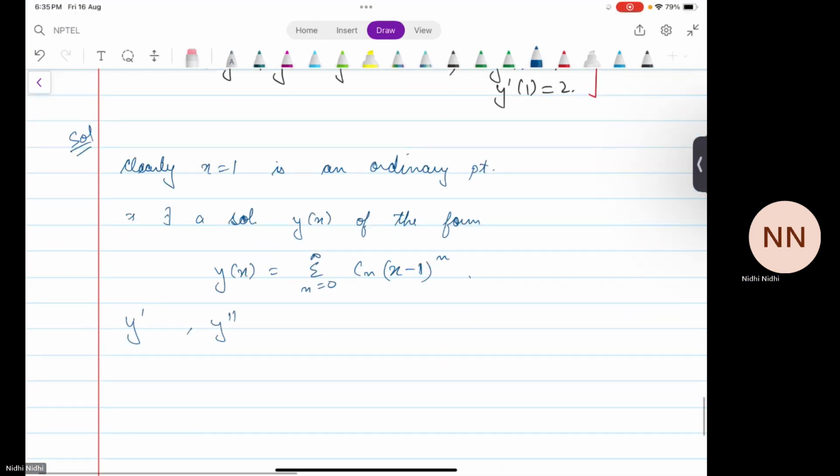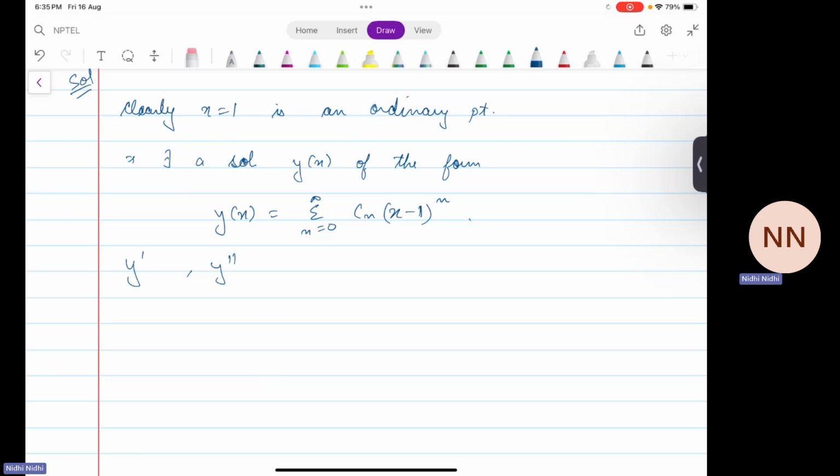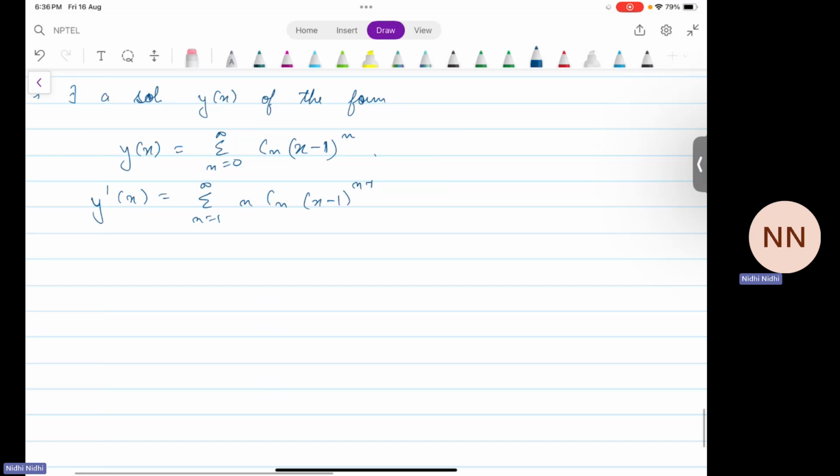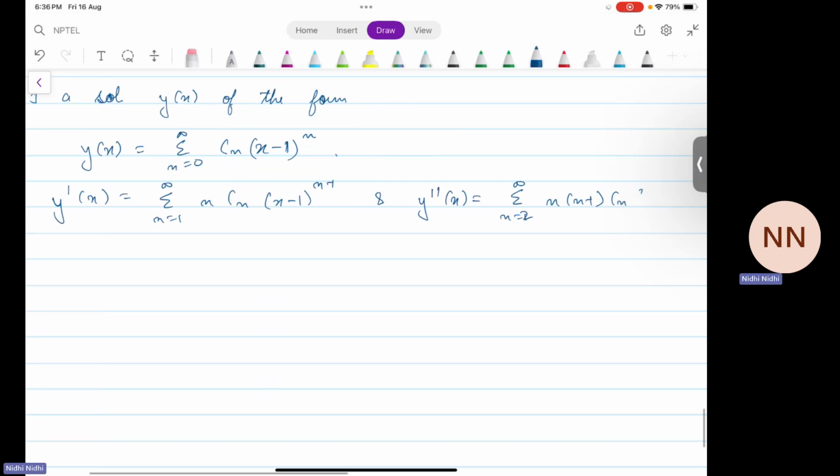So what do we get? y dash x is equal to summation n from 1 to infinity n cn x minus 1 to the power n minus 1, and y double dash x is equal to summation n from 2 to infinity n times n minus 1 cn x minus 1 to the power n minus 2.